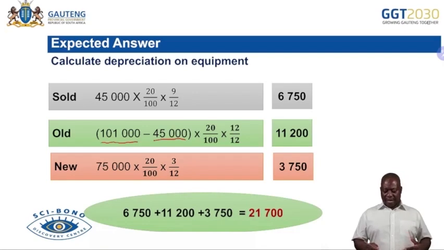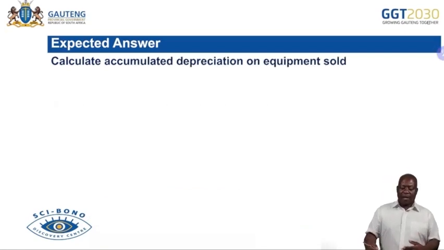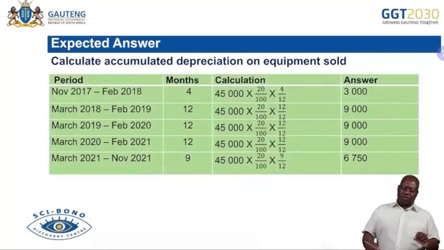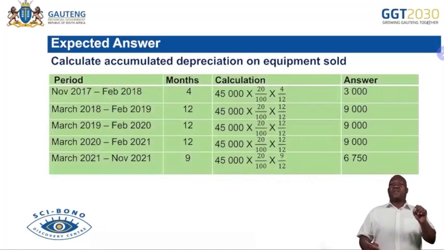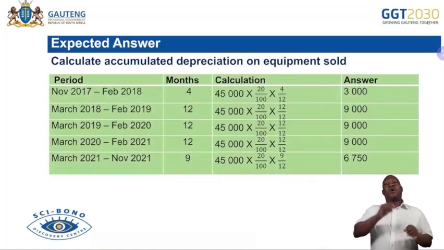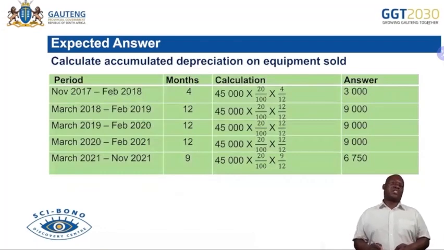So let's see what happened to this asset. It was bought on 1 November 2017. And remember, we are calculating depreciation on the last day of the year, or on the day on which it is disposed, if it comes before the end of the year.